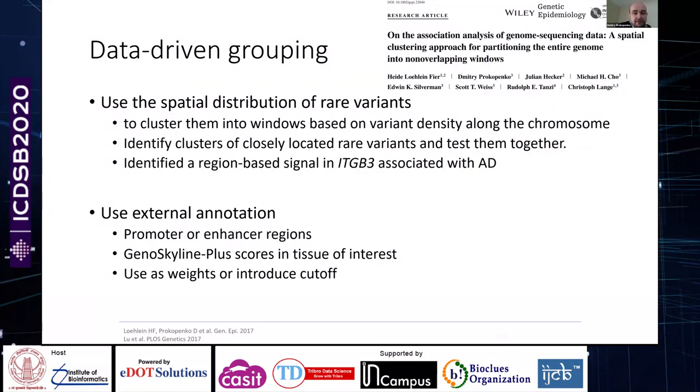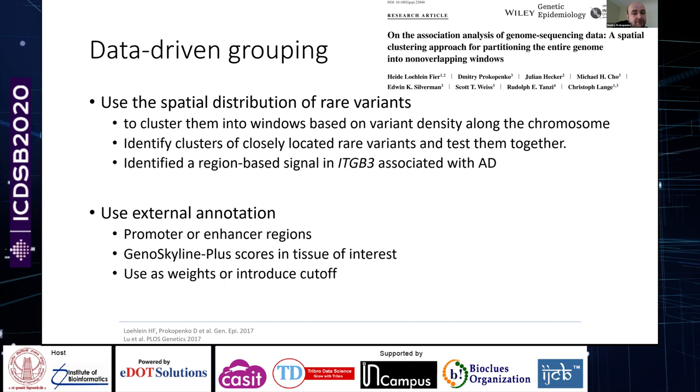Another thing we have done, we tried to look for a data-driven approach to group the rare variants, and in this paper we have developed a method which looks at the spatial distribution of rare variants along the chromosome.